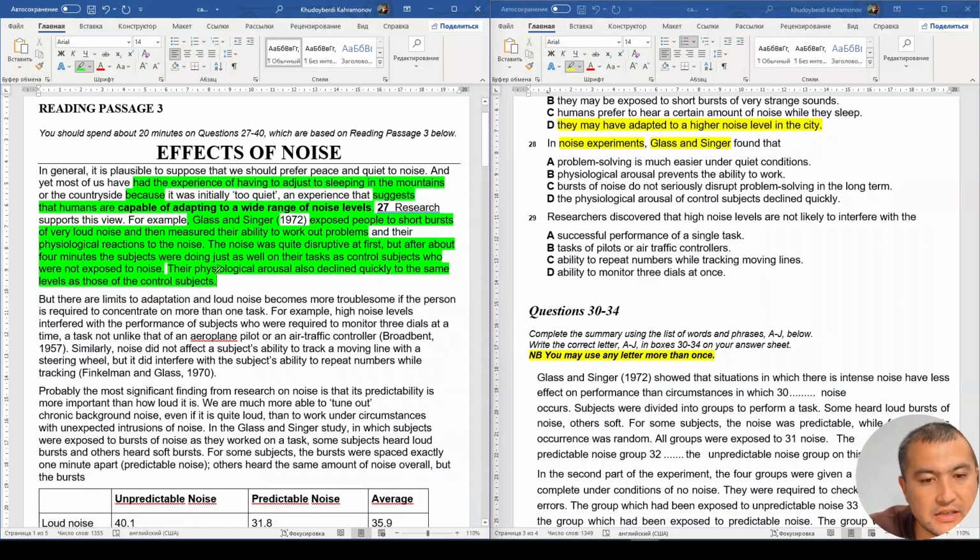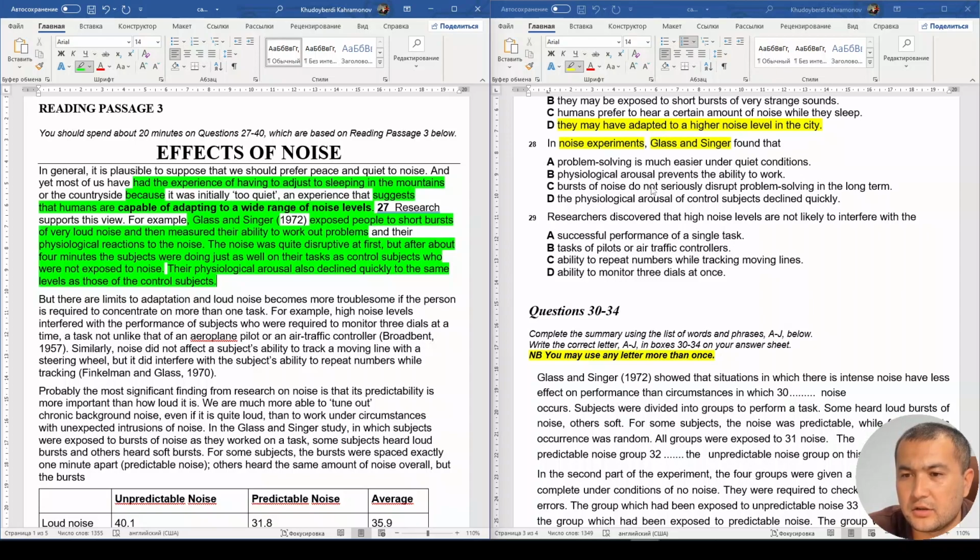But here it says psychological arousal also declined to the same level as those of the control subjects, which means it's not psychological arousal of control subjects. In the IELTS, especially whenever we are given exact words that may look like the answer, however, they are not the right answer, which means it's a trap for us, right? It's just a tricky question. That's why D is not true.